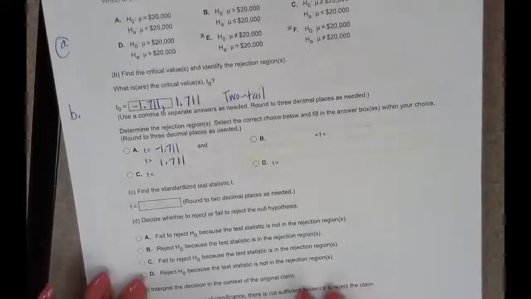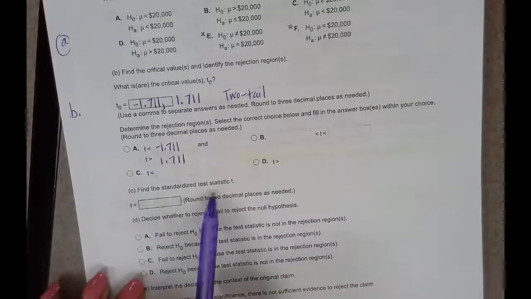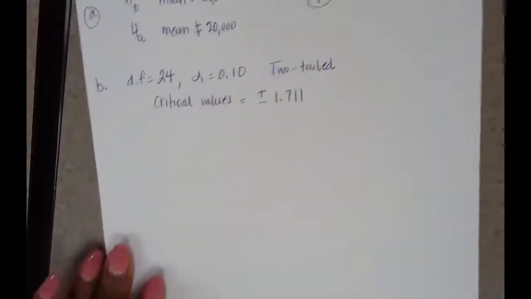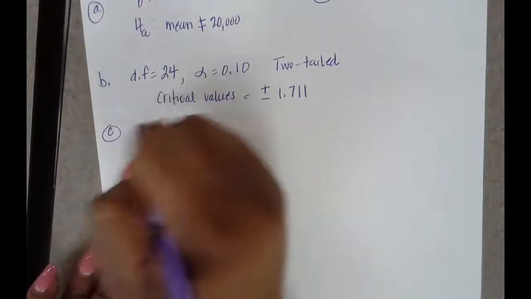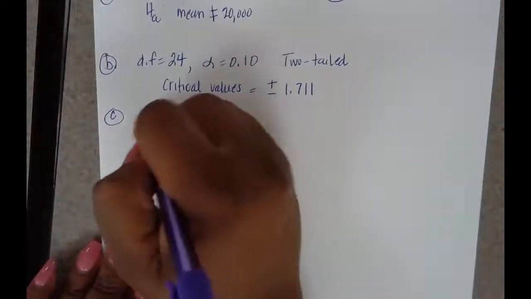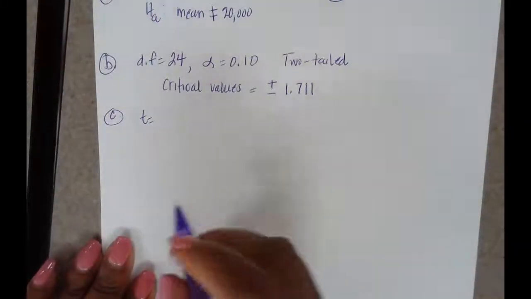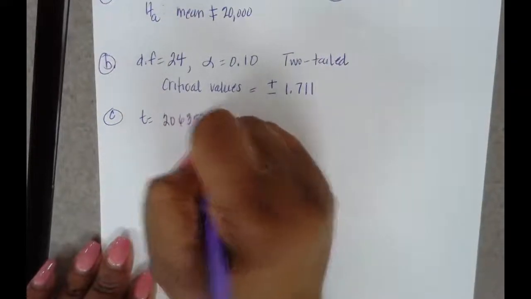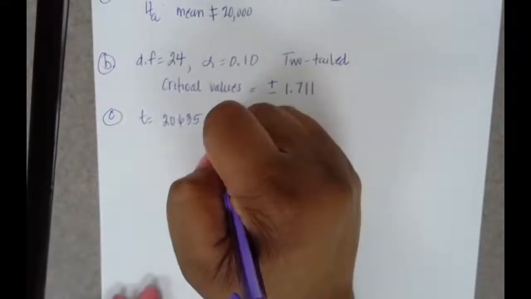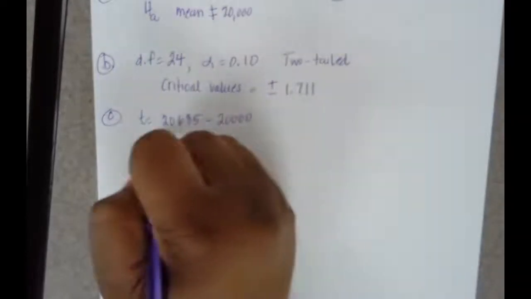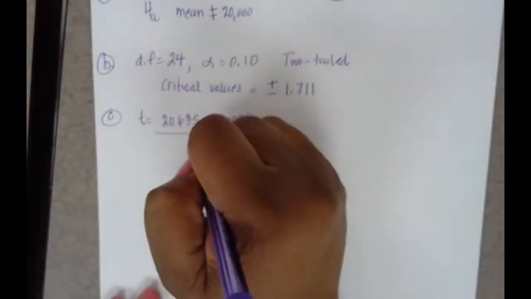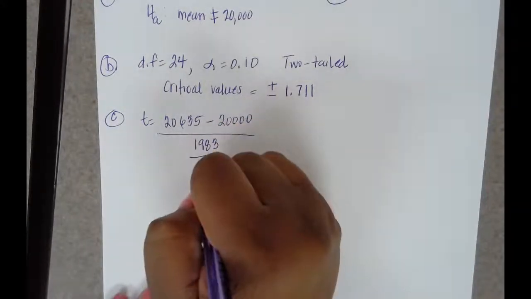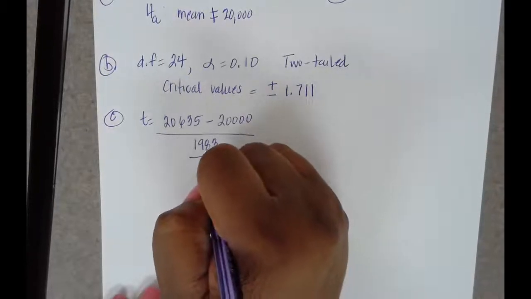Now I use my formula to find the standardized test statistic T. So let's do that. Part C. T is equal to the sample mean minus the population mean divided by the standard deviation of the sample divided by the square root of the sample size.